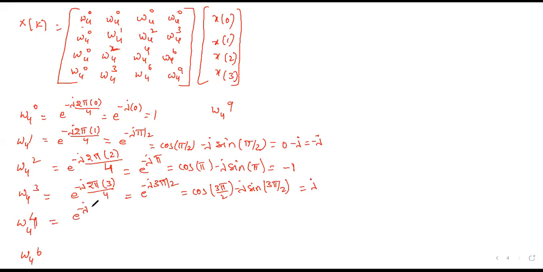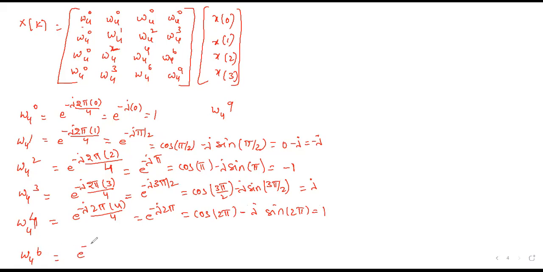Omega 4 power 4 is e to the power of minus j 2 pi into 4 by 4. E to the power of minus j 2 pi, which is equal to cos 2 pi minus j sin 2 pi, which is equal to 1.